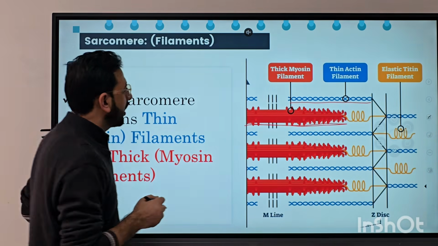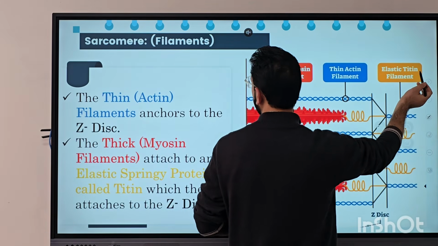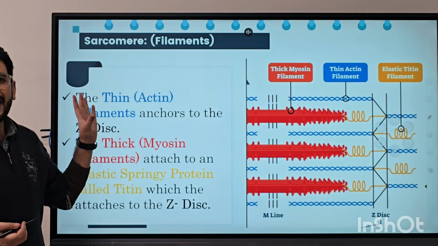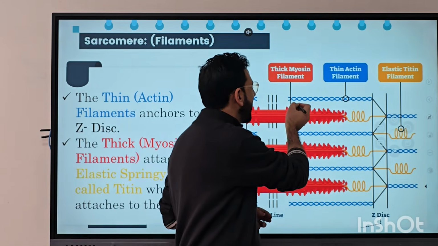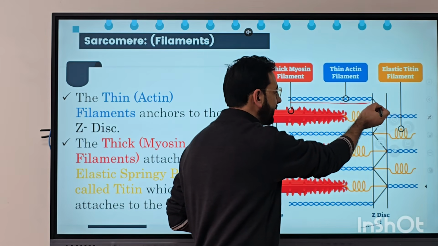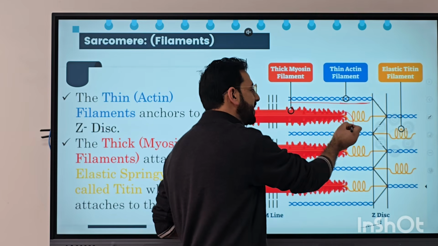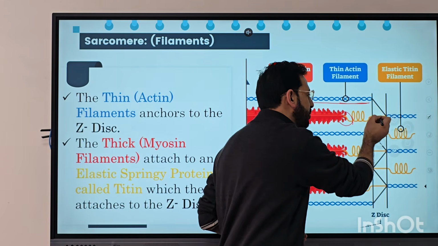Okay, now let's talk about them one by one. The first is the thin filaments. Thin filaments are actin filaments. As I've already told you in the previous slide, this actin filament is anchored or attached to the Z line, and the myosin filaments are attached to the titin, that elastic protein, and this titin is attached to the Z line.